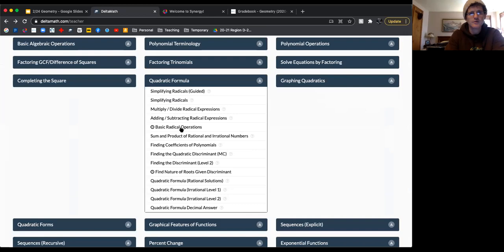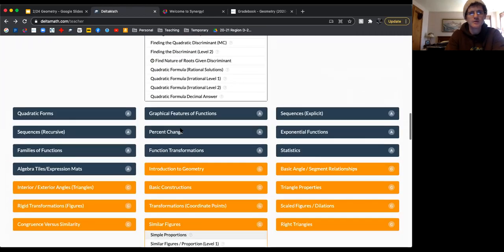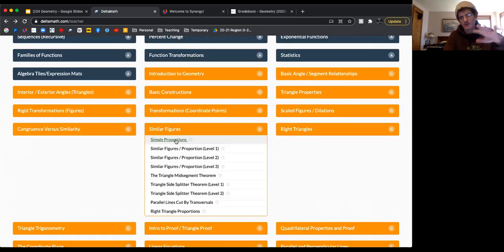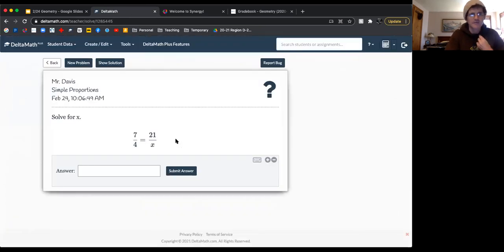And I think I'll start with what is potentially easier. Now, whatever's easier for you, you can determine that. But this is review right here. You're solving proportions. And we've actually already looked at this in our bell work in the past. So we've already touched on it to some degree, but today we're really going to focus on practicing with it.